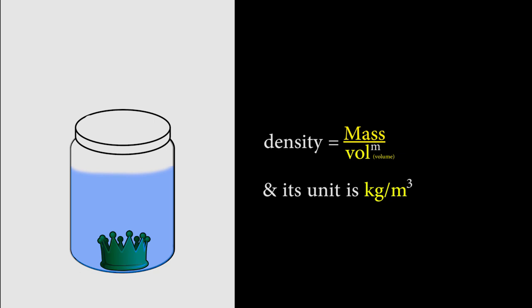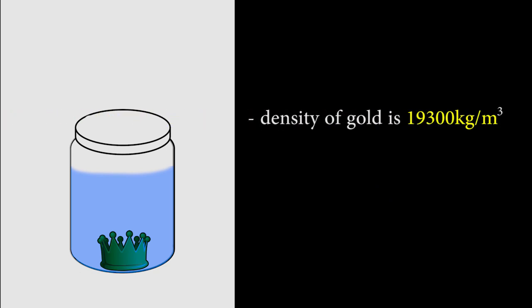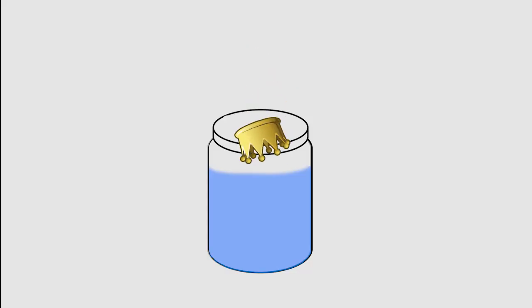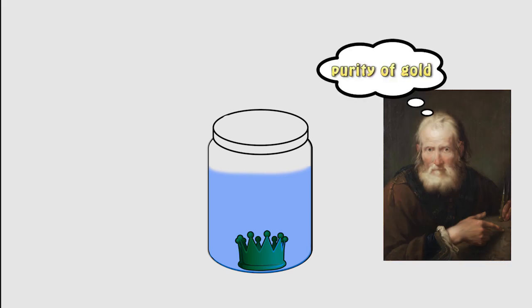For example, the density of gold is 19,300 kg per meter cube, while that of water is 1000 kg per meter cube. The density of a sample of a substance can help us determine its purity. This knowledge of Archimedes' principle helped him to determine the purity of gold in the crown made for the king.